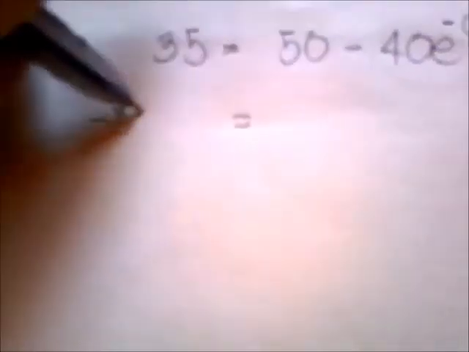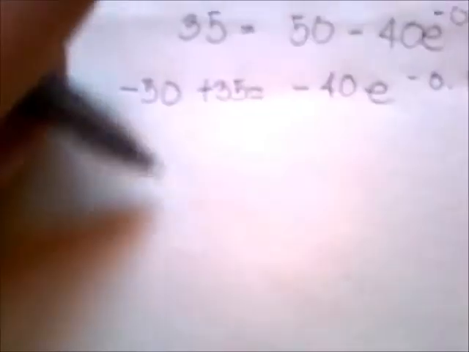Like in letter C, we use 8,000 as Q of x. Next, we transpose 50 to 35. It will be negative 50 plus 35 equals negative 40 e raised to negative 0.1x. To simplify this one, it will be negative 15 equals negative 40 e raised to negative 0.1x.